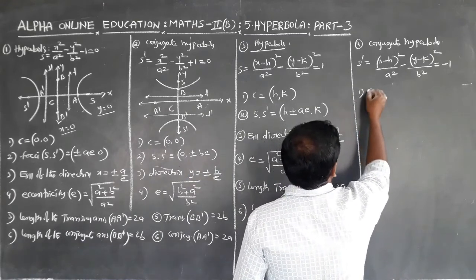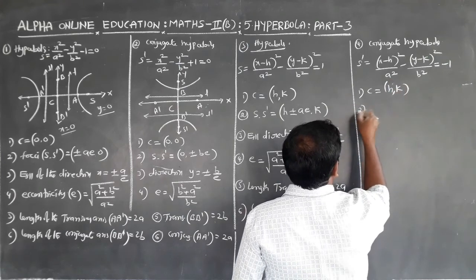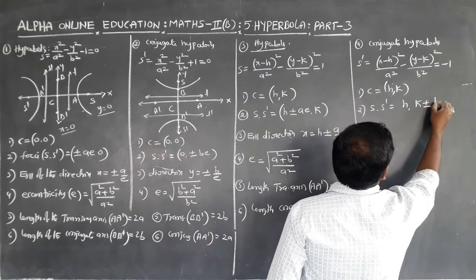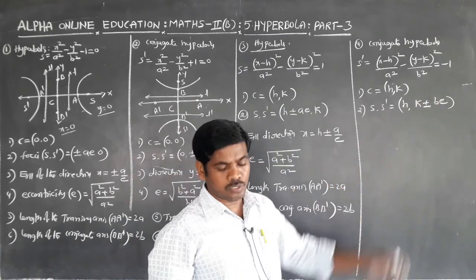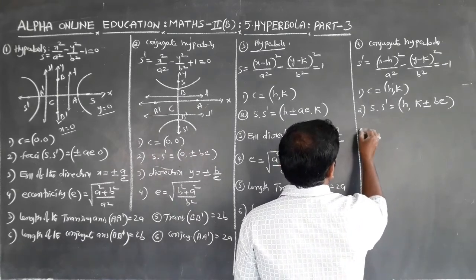Here the center of the hyperbola is h comma k. Second one, foci h comma k plus or minus be.